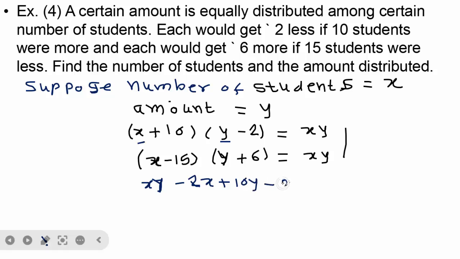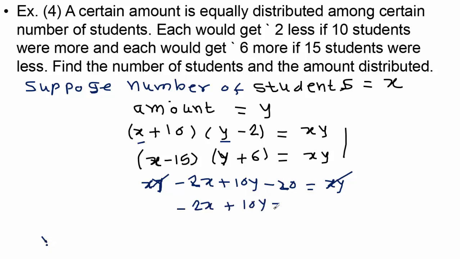Minus 10 into 2, minus 20, equal to xy. The xy on the right hand side and the xy on the left hand side get cancelled, and I will get the equation minus 2x plus 10y equal to 20. Divided by minus 2, minus 5y equal to minus 10. This is the first equation I obtained from this first.